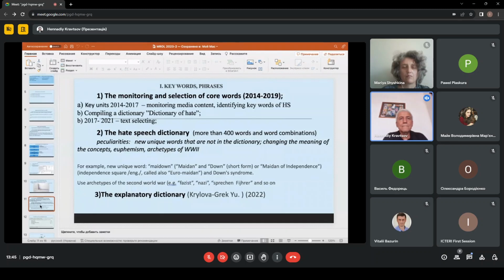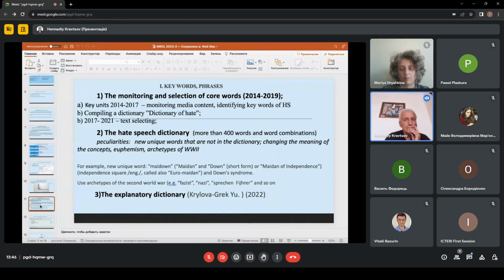And some more words about keywords and phrases. The monitoring and selecting of keywords and phrases was done between 2014 and 2017, and altogether more than 400 words and word combinations were gathered. According to all this material, we created the hate speech dictionary, and it's unique because some words are absolutely newly created.